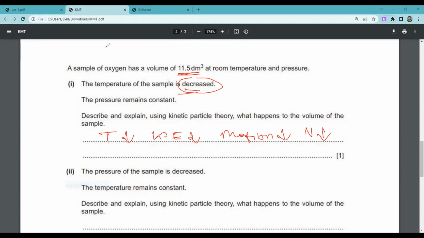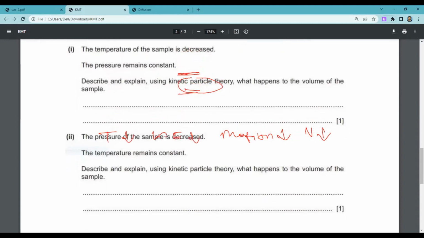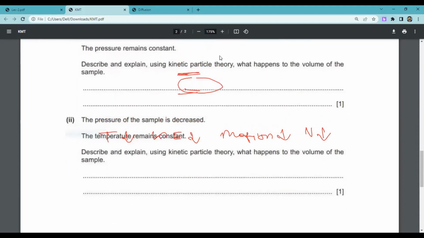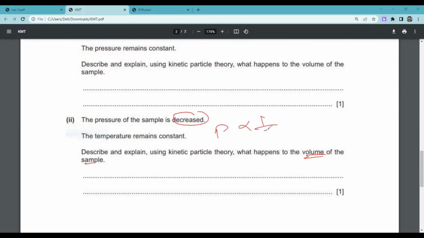The pressure of the sample is decreased. The temperature remains constant. Describe and explain using kinetic particle theory what happens to the volume of the sample. If pressure is decreased, then volume will automatically increase.